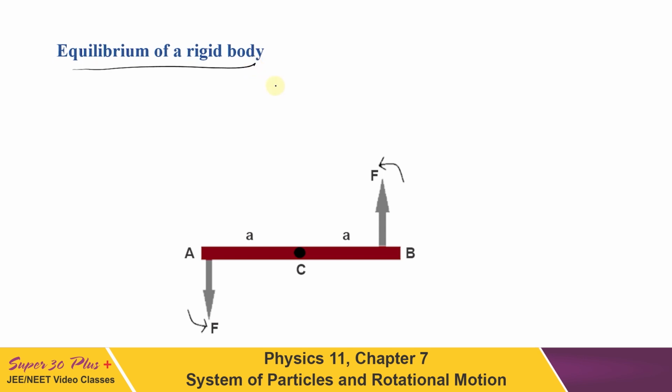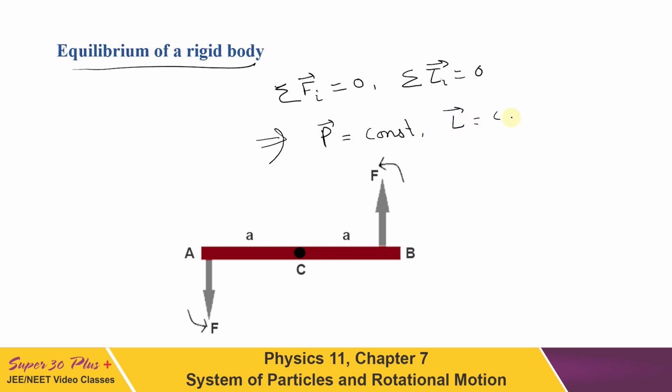So these are the conditions for equilibrium of a rigid body: summation of Fi is 0 and summation of torque is 0, and this will lead to the condition that linear momentum is constant, also angular momentum is constant.